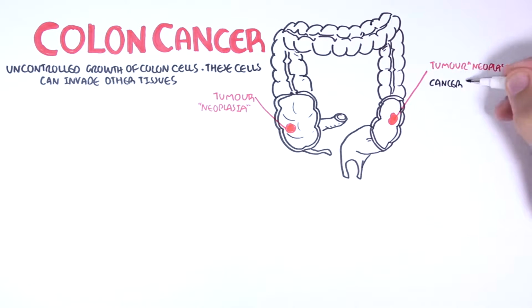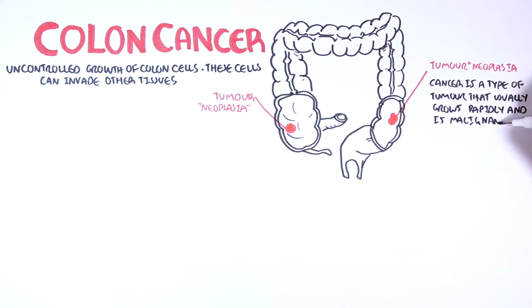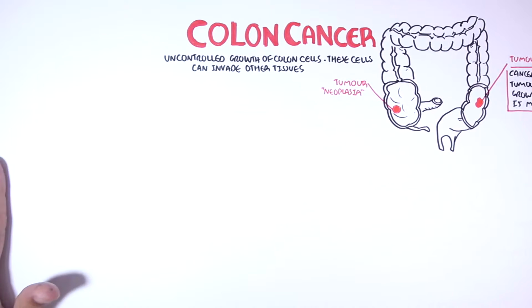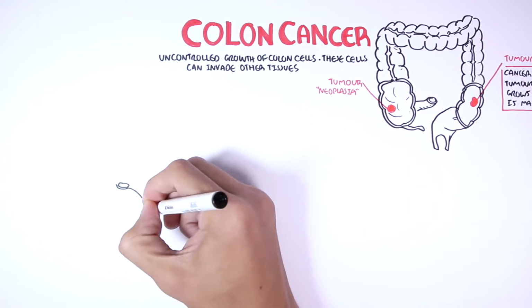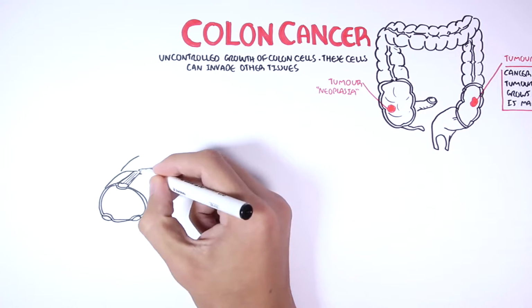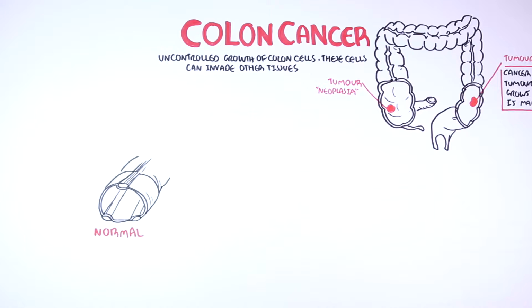Now, cancer is a type of tumor that usually grows rapidly and is malignant. So what does malignant mean? Well, let's first have a look at a simple explanation of the development of cancer. So here we have a normal colon.